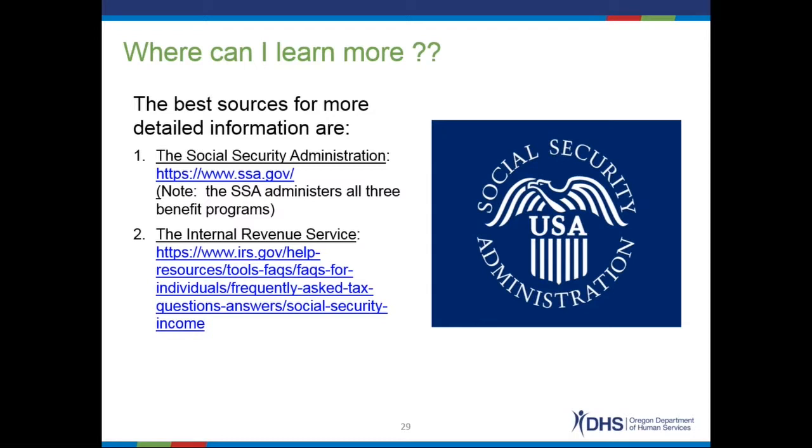The Social Security Administration administers all 3 of these benefit programs. The IRS also has a lot of good information about these types of income. And again, they have that nifty worksheet. They have a frequently asked questions section, and a lot of good information at the IRS.